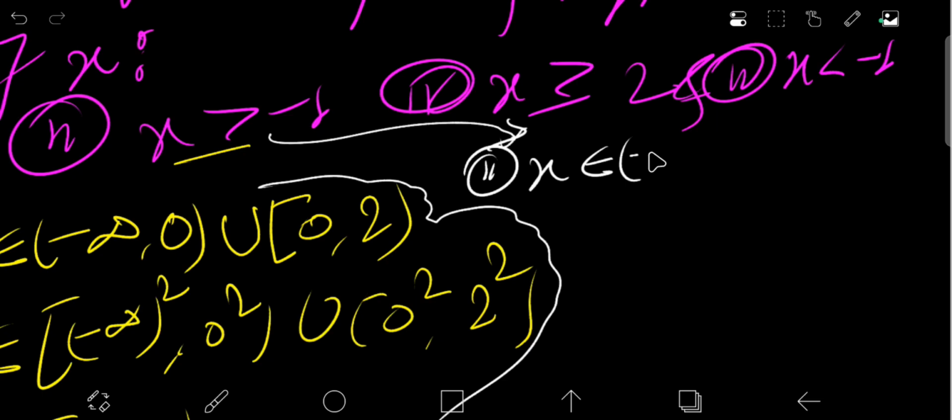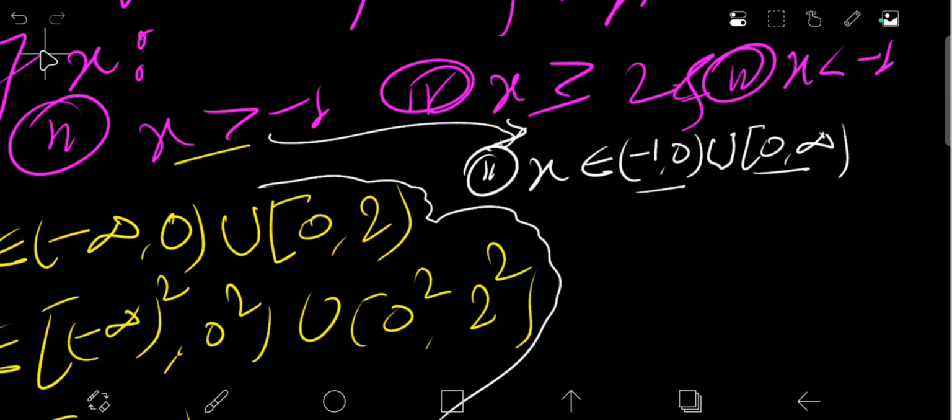Means x is greater than; here there is no equal sign mentioned. So here we do not take a closed interval, we take an open interval. So open interval minus 1 to 0, and union we write 0 to plus infinity for the non-negative numbers. This is the non-negative number representation, and this is the negative number interval.